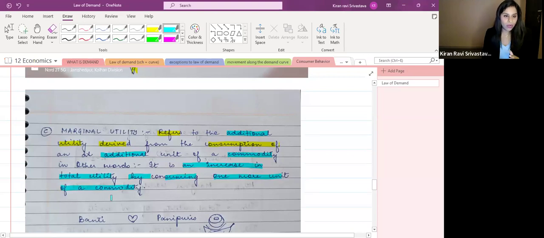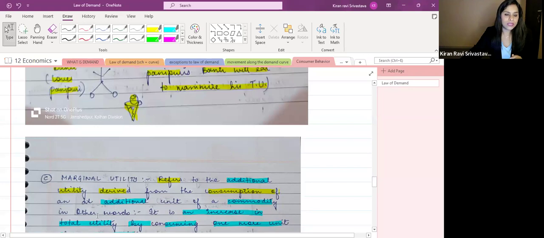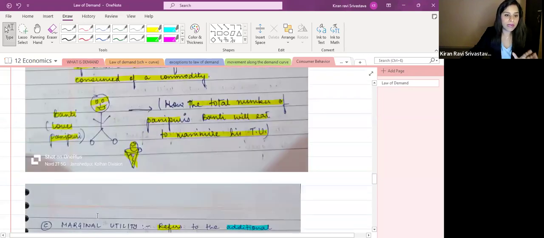Don't worry, all the three points, utility, total utility and marginal utility, I will be covering with the help of an example. But right now, I want you to understand the definition. You can see here that total utility and marginal utility are just a buildup of the basic definition of utility.